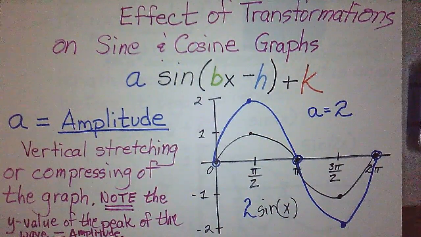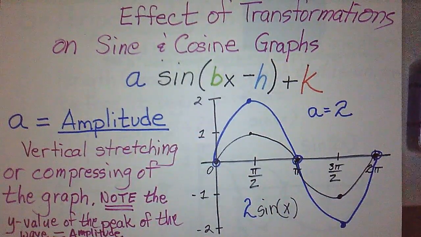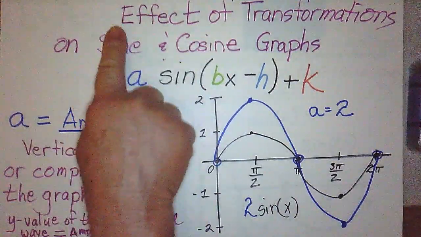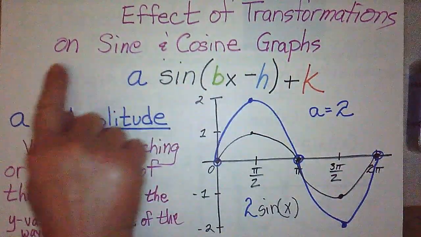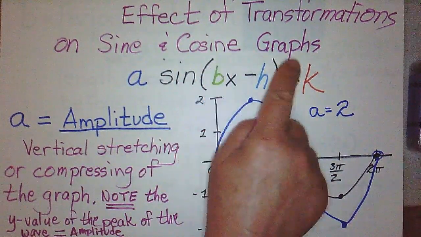Okay, in the last video, we went over what the basic transformations of any parent graph are. In this video, we are going to drill down on the effect of transformations on a sine and cosine graph in particular.